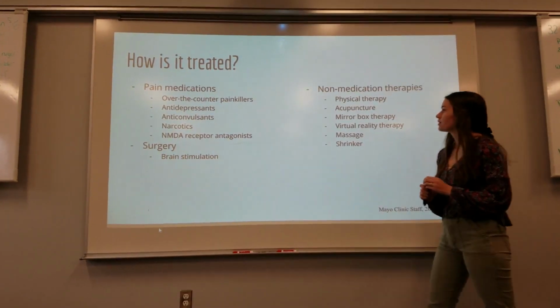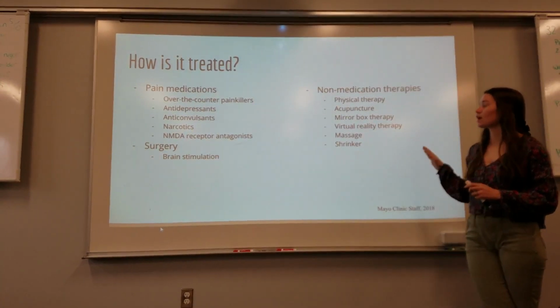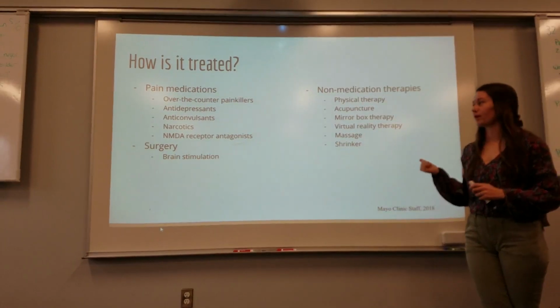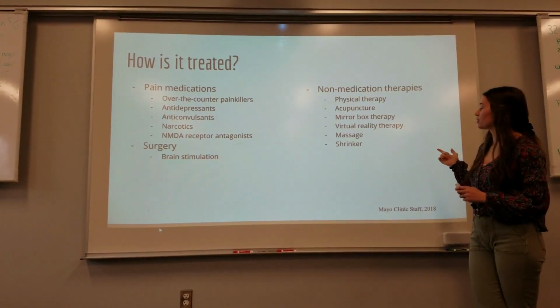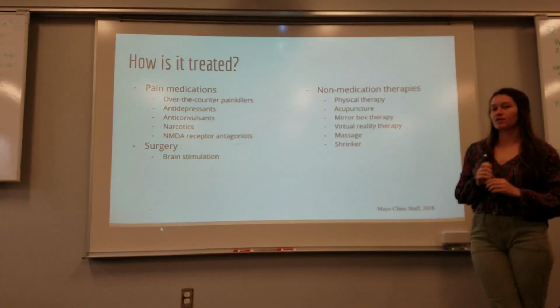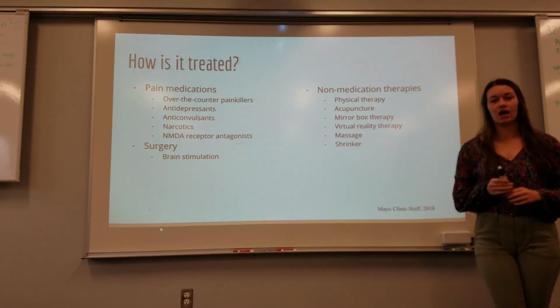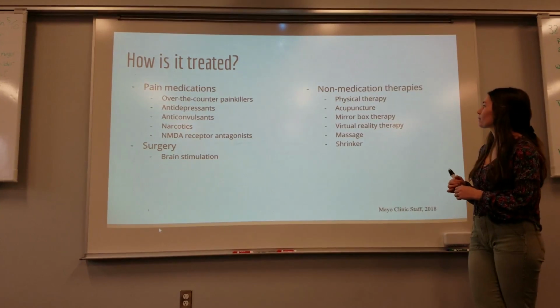And if the pain medications aren't quite enough, usually the pain medications and the non-medicative therapies are paired together for the patient. The non-medicative therapies include physical therapy, acupuncture, mirror box therapy, virtual reality therapy, massage, and using a shrinker sleeve or sock.